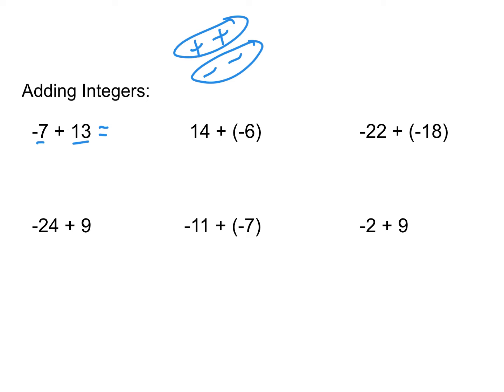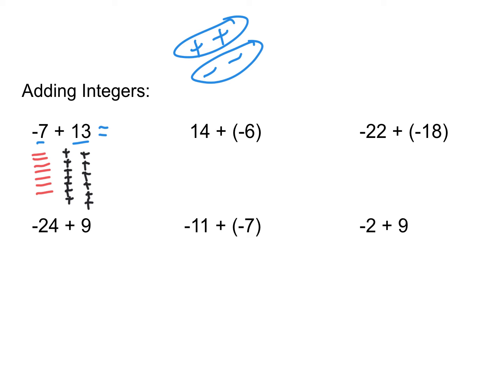Well, here's why the song makes sense. The song makes sense because on the -7, we have 7 negatives. 1, 2, 3, 4, 5, 6, 7. And on the 13, we have 13 positives. 1, 2, 3, 4, 5, 6, 7, 8, 9, 10, 11, 12, 13.